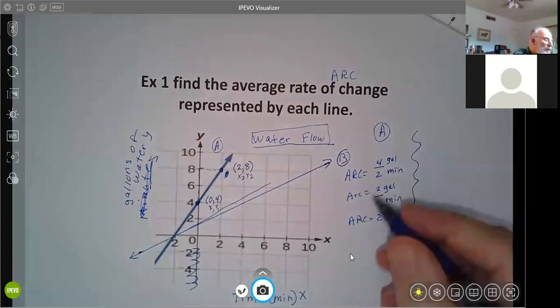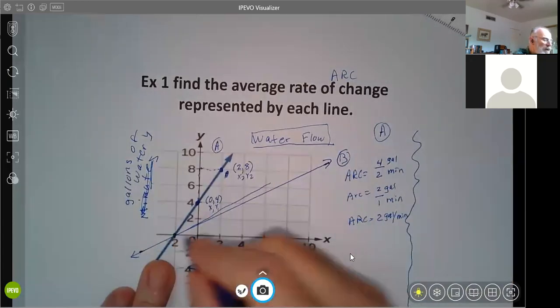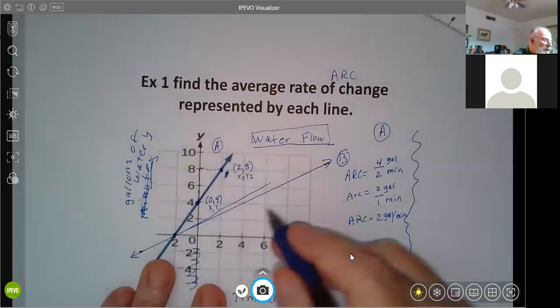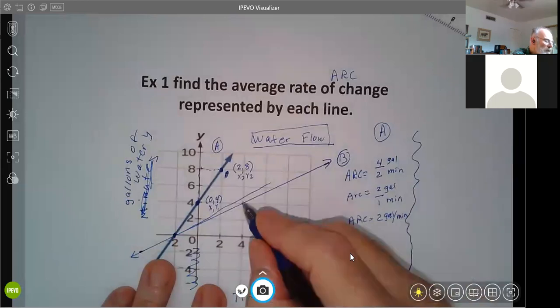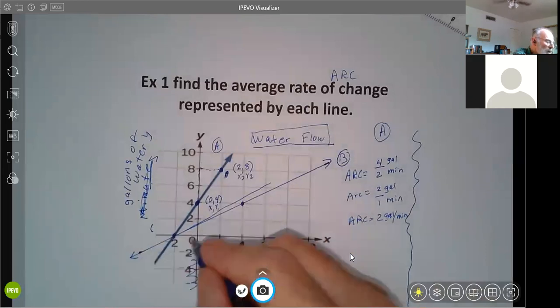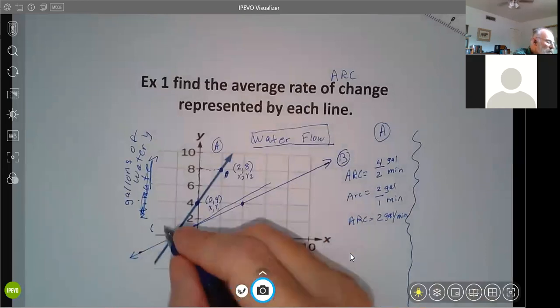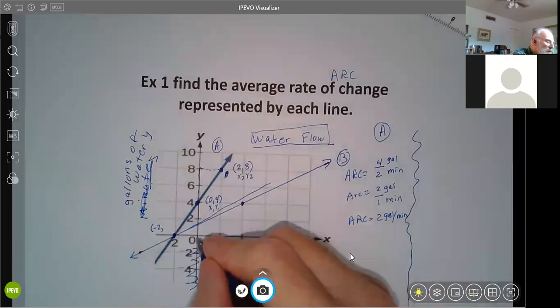All right, so now the other one's a little trickier because it has a negative number here. Normally we don't use negative numbers in figuring these things out, but for the sake of the example, I'm going to use it. And I'm going to use this point over here. So here, this is going to be my x1, y1. X is negative 2, y is 0.